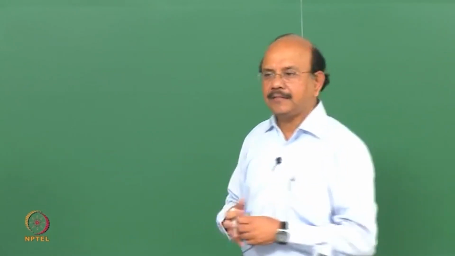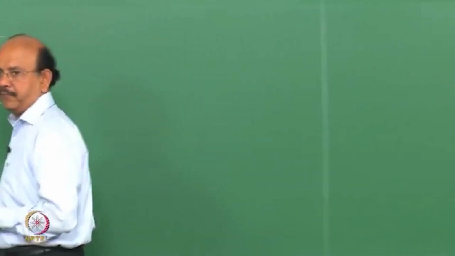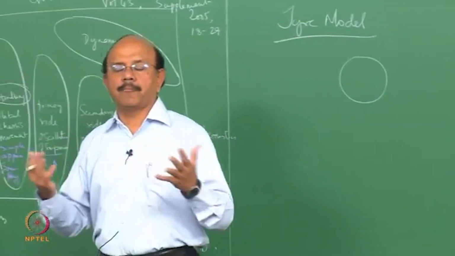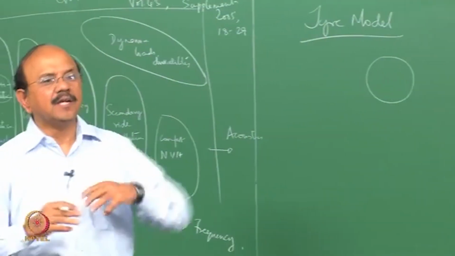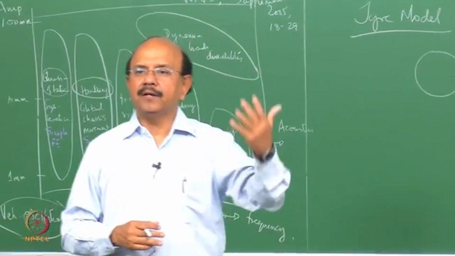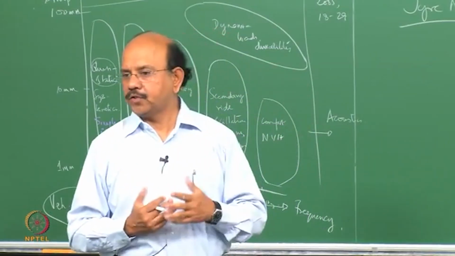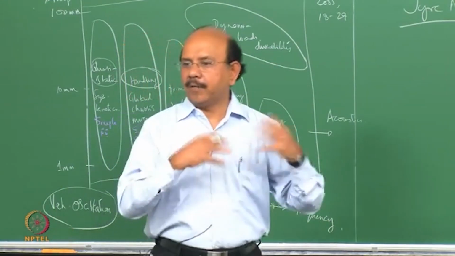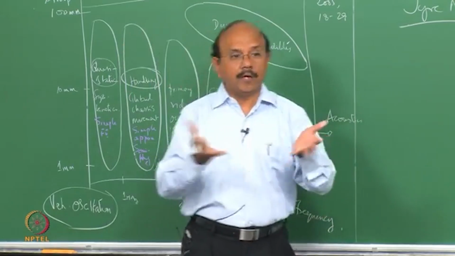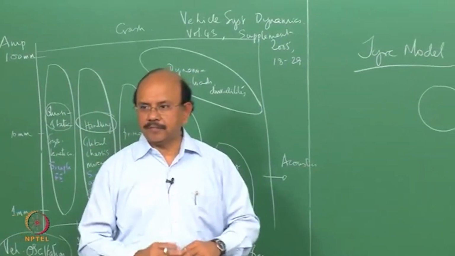The belt starts vibrating. It is something like a stiffened shell, or an orthotropic shell, that starts vibrating because it has gone over a rough surface.